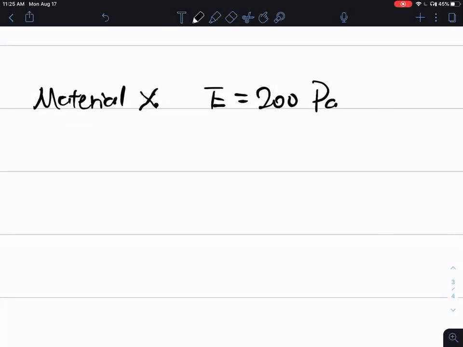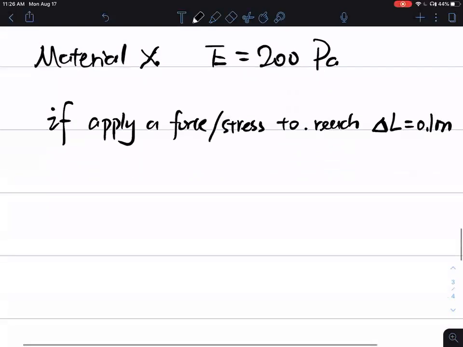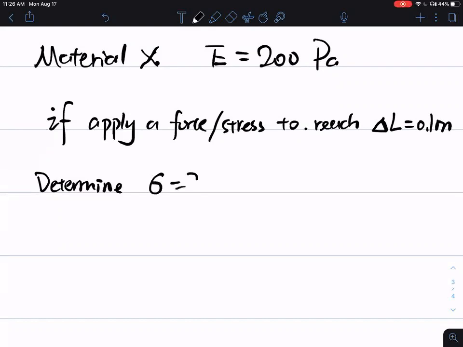Now I say we want to apply a force or stress to this material to reach a change of length of 0.1 meters, and determine what stress you need to apply in order to have this delta L equals 0.1 meter.